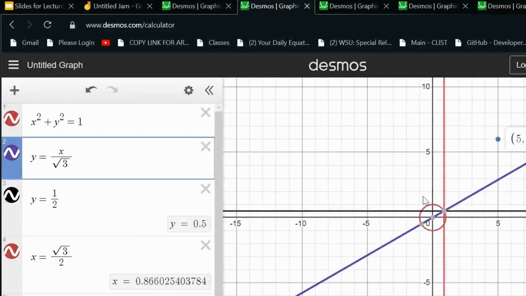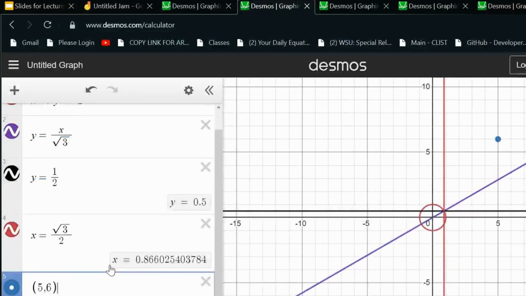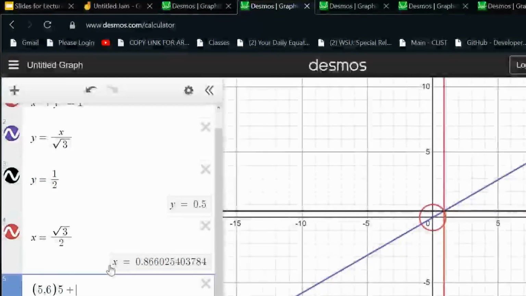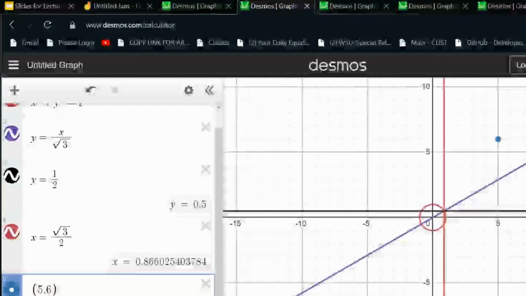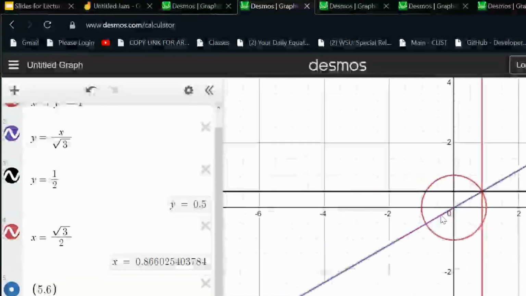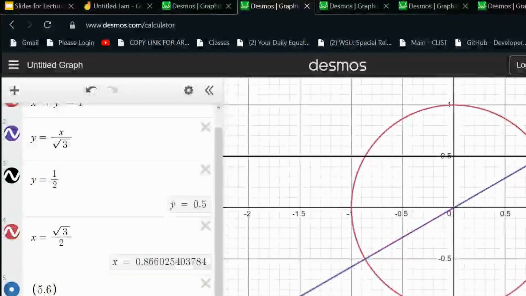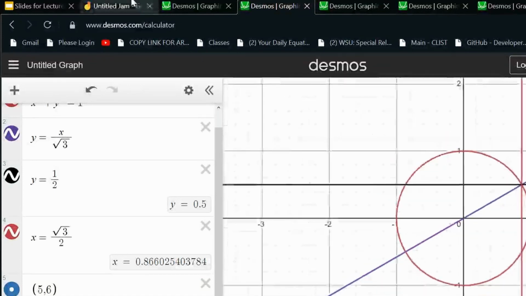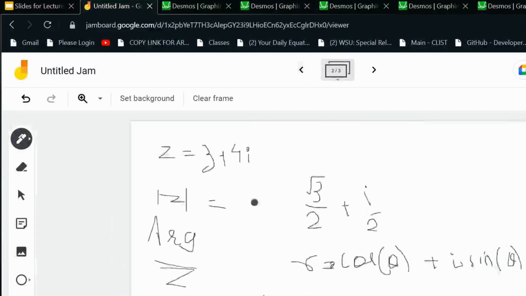Now 5 comma 6 here means that it is 5 plus 6 iota. Now let's say I tell you that we rotated the number by 30 degrees or 60 degrees. This is the unit circle, yes, and it is the y, but it can be any circle. So the question was about this, right?